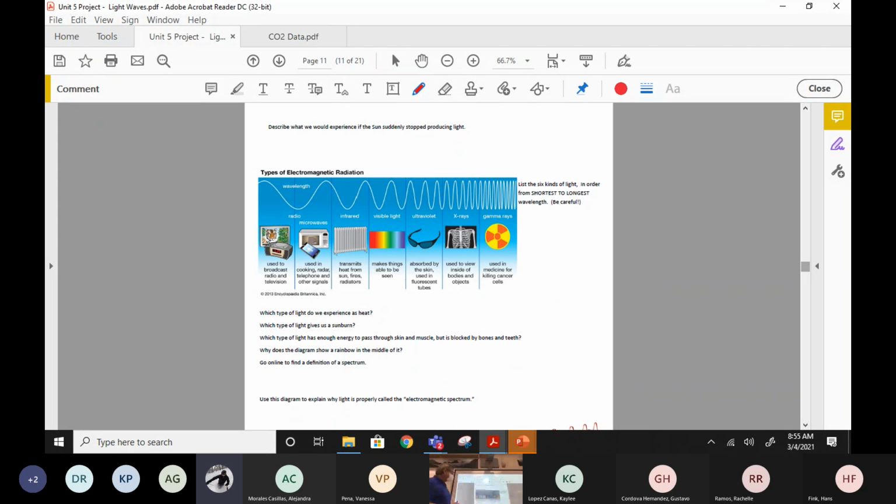Now I want to point out something about this graph that I do like and something that I don't like. I do like that they showed the different wavelengths of the different kinds of light, but I don't like that they kind of merged them together. When I look at this, it seems like the wave is getting faster and faster, but that's not true.